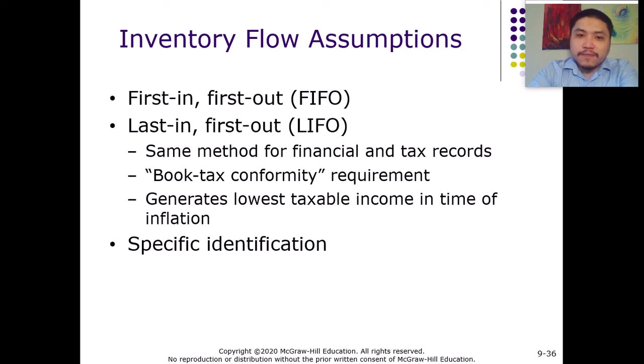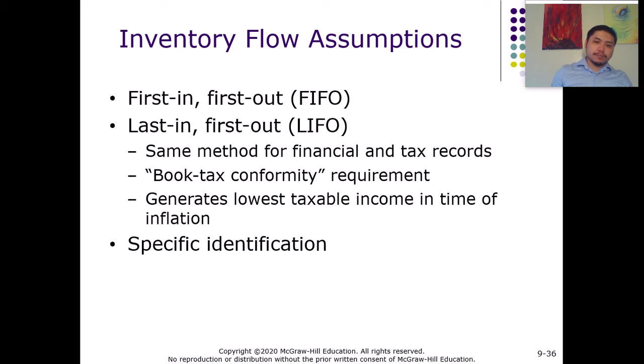On the other hand, if the business owner decides to use LIFO for the book purpose, then they are free to choose whether they want to use FIFO or LIFO for the tax purpose. But if the business owners choose FIFO for their financial reporting purpose, then the only method that is allowed for tax purposes is FIFO, right?